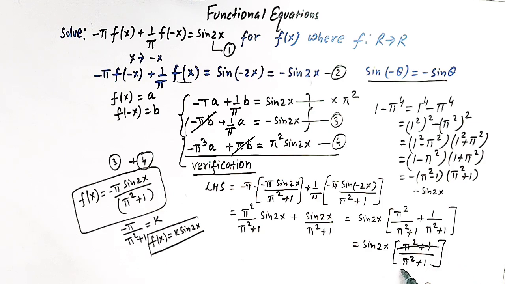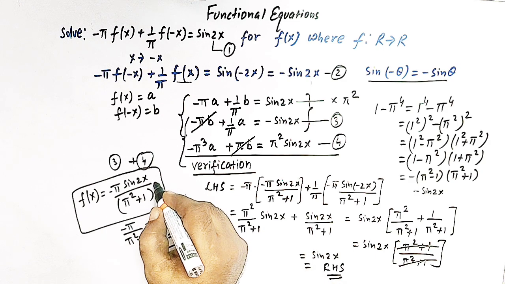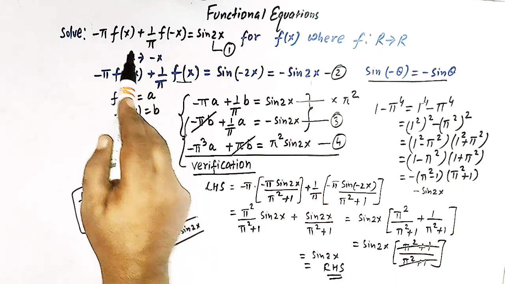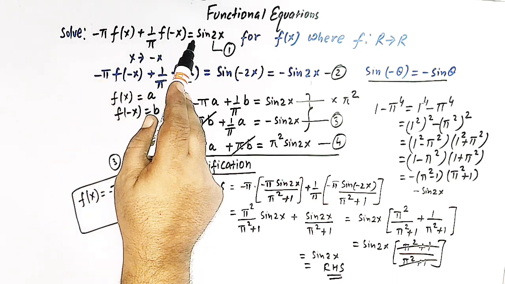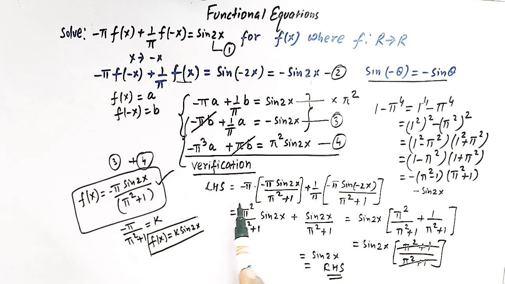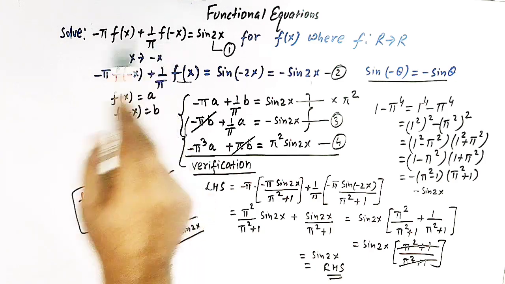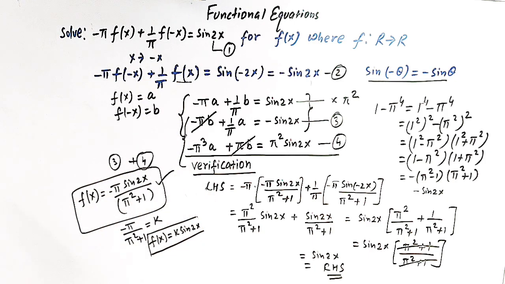So now these two terms get cancelled, and we are left with only sine 2x, which is our right hand side, right? So this is the required solution of this functional equation. As we have seen, this function satisfies the given functional equation.